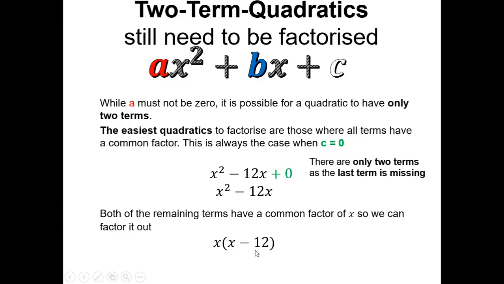Or maybe an easier way to think about that: when I factor out the x, what does that x need to be multiplied by to make x squared? X times x makes x squared. And what does that x outside need to be multiplied by to make minus 12x? X times minus 12 makes minus 12x. So this is now my factorized quadratic, and it was a nice, easy one-step factorization.